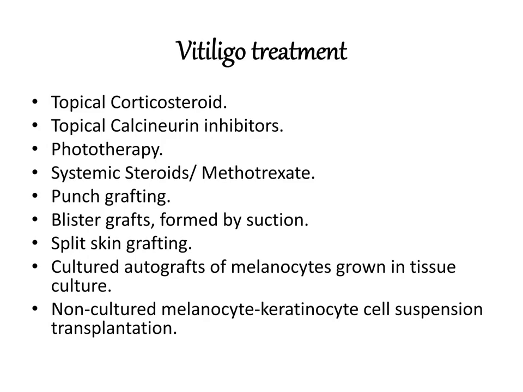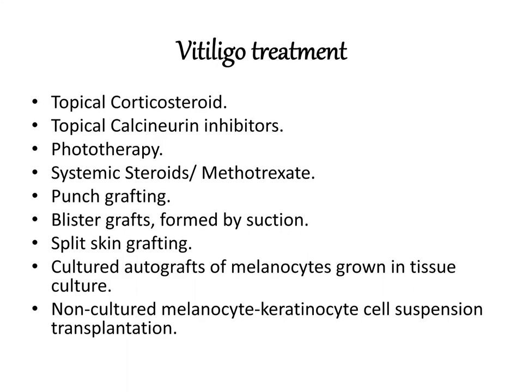The specific medical treatments start with topical corticosteroids, topical calcineurin inhibitors. Sometimes we combine steroids and tacrolimus. Phototherapy, ultraviolet A, ultraviolet B, suppresses the autoimmune damage as well as stimulates the melanocytes.